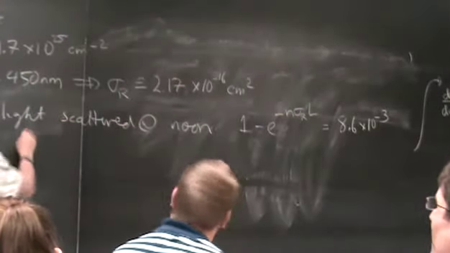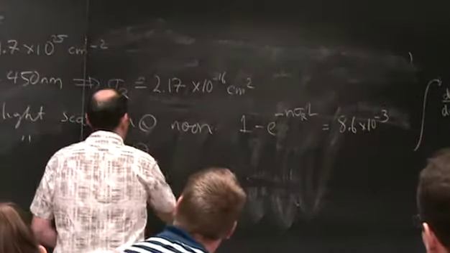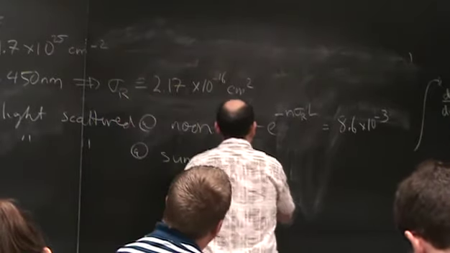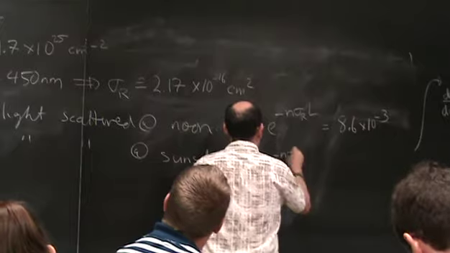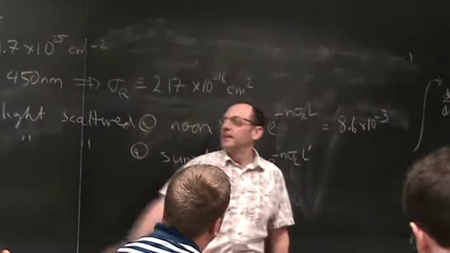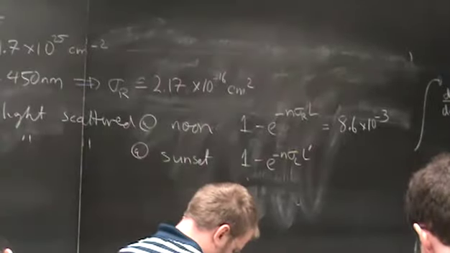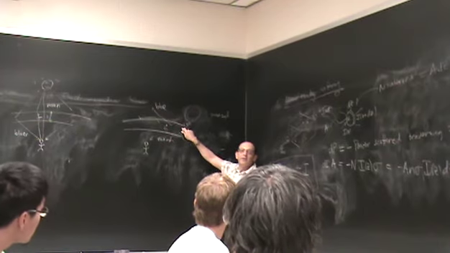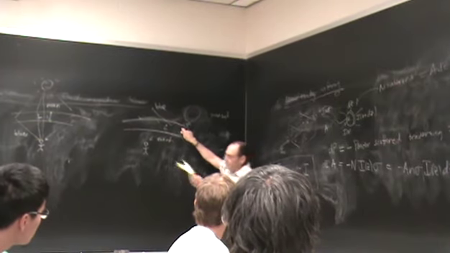Fraction of blue light scattered at sunset. So now we need to know what is L prime. Let's look at this picture here and just assume, let's say sunset is at, when we're setting at 5 degrees over here. So let's see what is L prime.